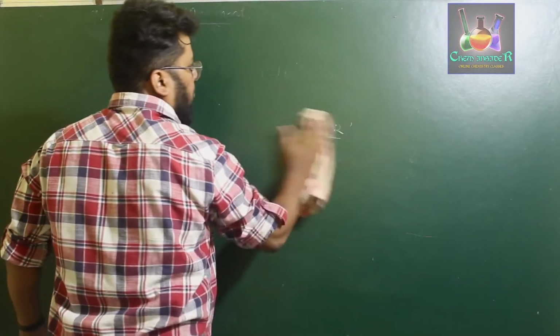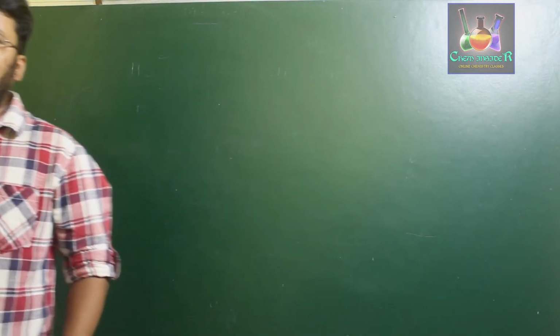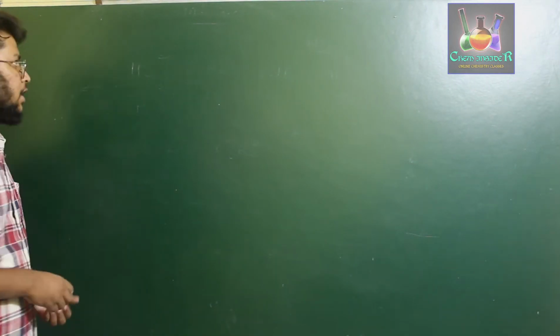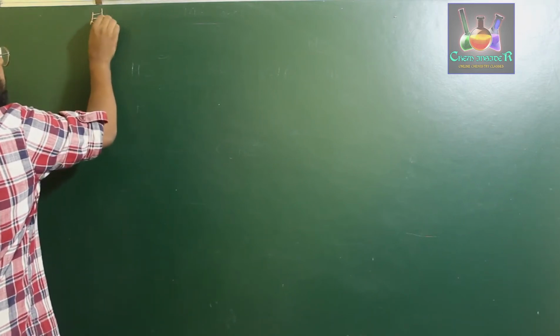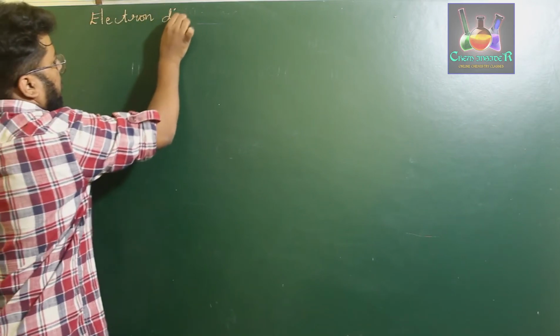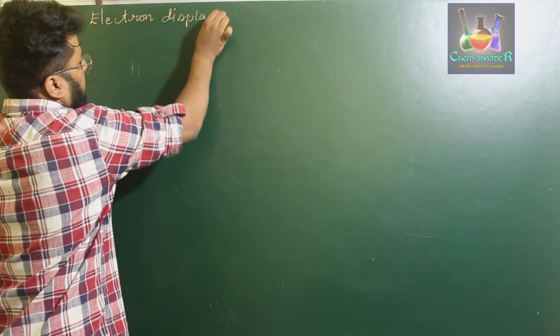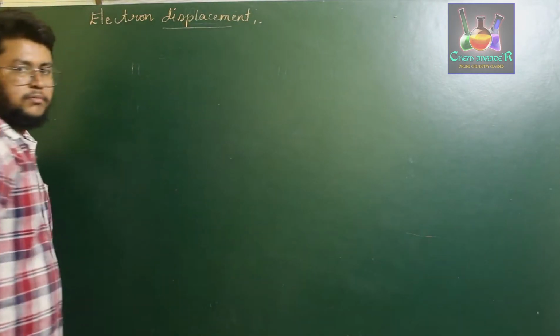Next is the fourth important topic of reaction mechanism, that is called electron displacement effect in hydrocarbons. In the previous video, we discussed the movement of electrons, right?